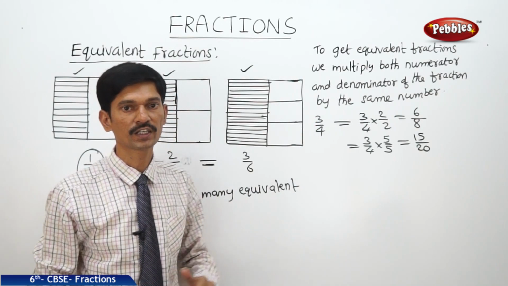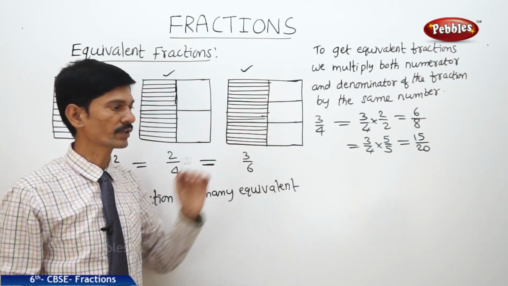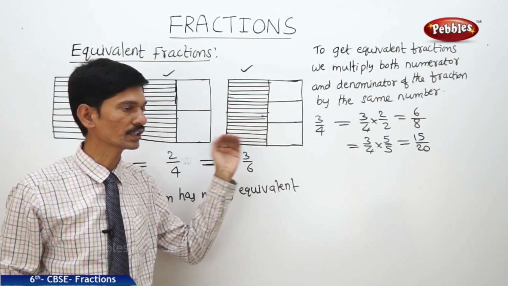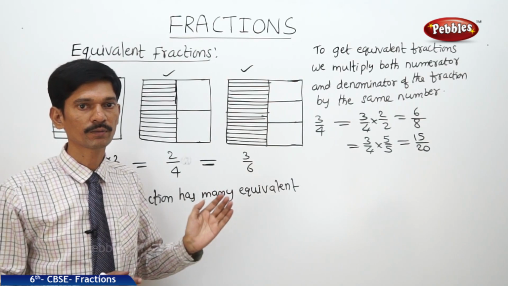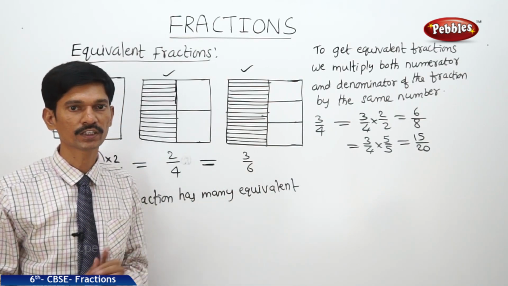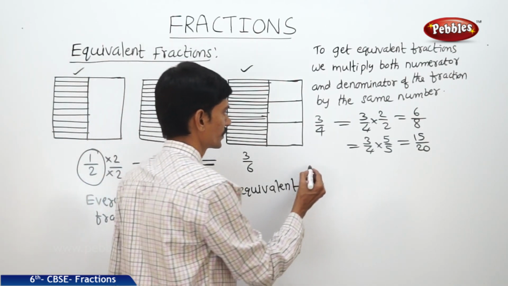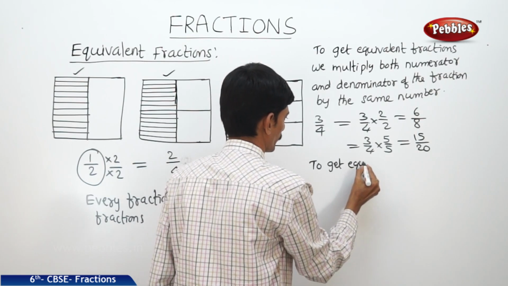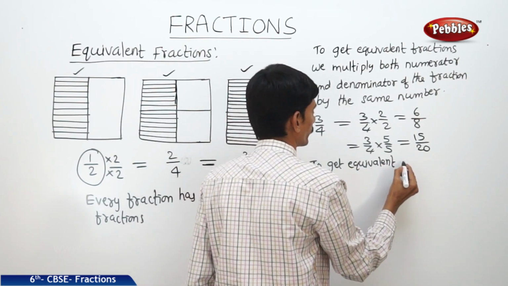Now let us see, is there any other way to get the equivalent fractions of the given fraction? As we multiply both numerator and denominator by the same number, we can even divide both numerator and denominator by the same number. Then also we get the equivalent fractions. Now let us write the statement to get equivalent fractions.